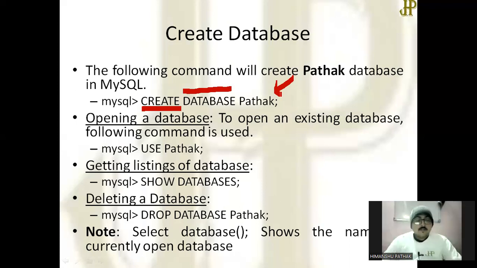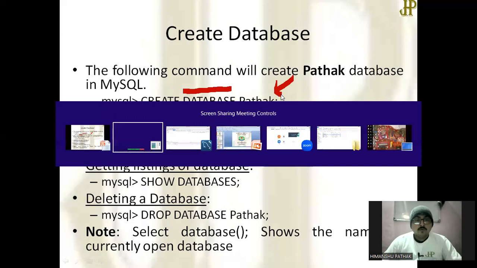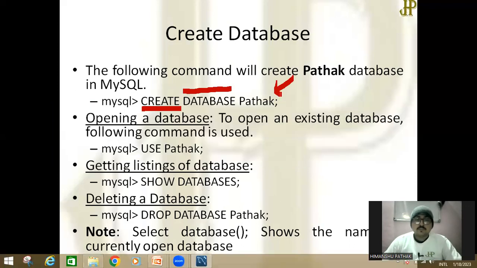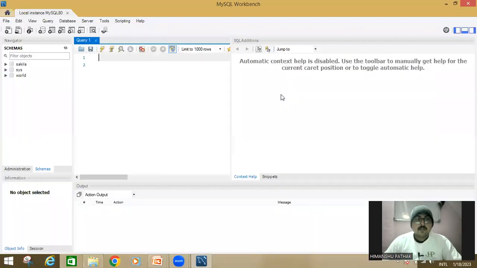Okay, so I'm going to show you with the practical approach too. If I'm going to create a database, first I want to show you how many databases are there right now.